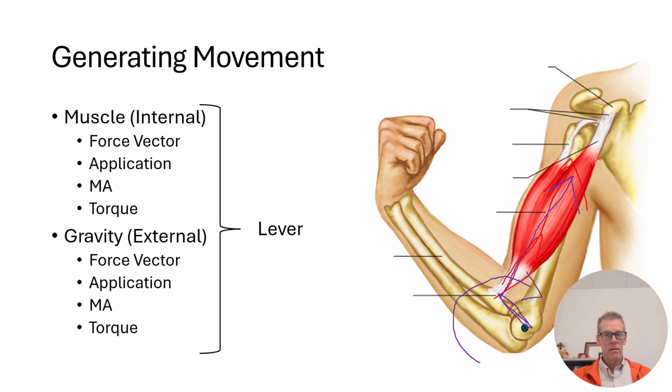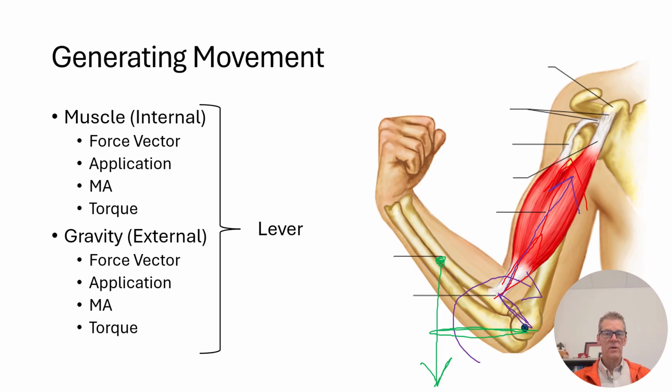Okay. The external system, let's just draw that in green for fun. Let's put our center of mass here. Same axis of rotation. Gravity's acting in a direction that's straight inferior, and my external moment arm is here.